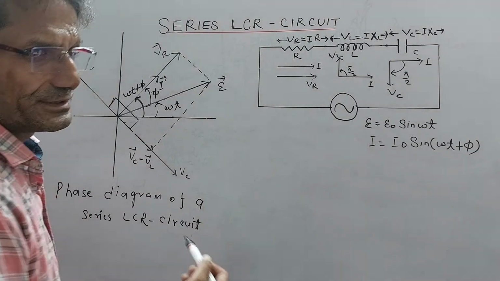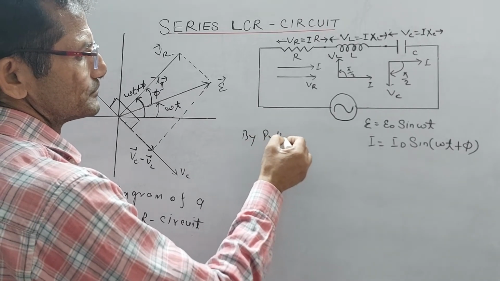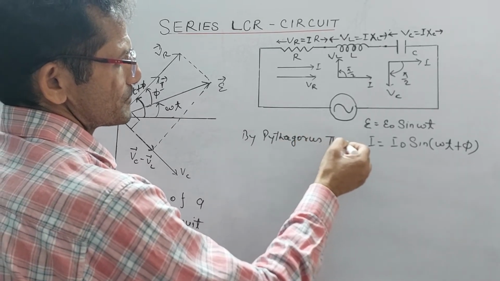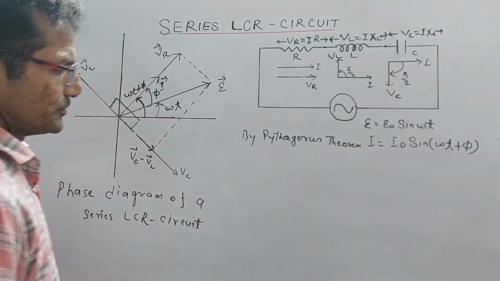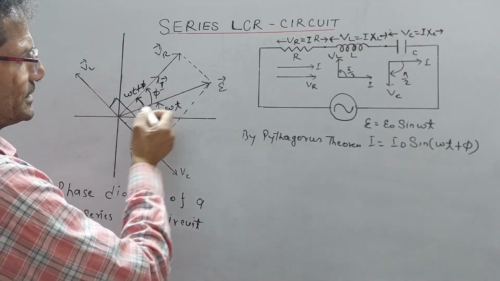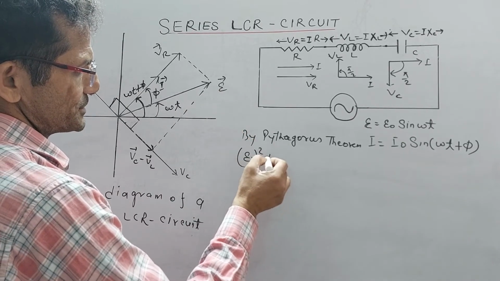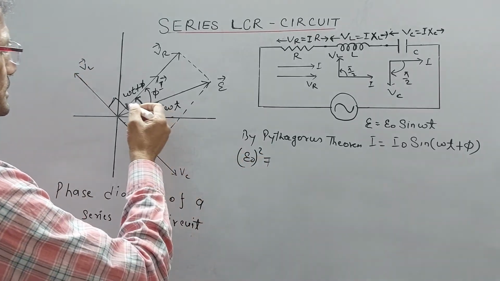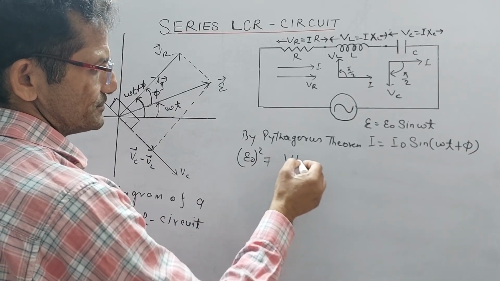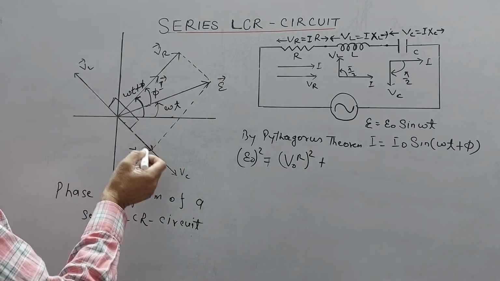Now using Pythagoras theorem, you know that the amplitude, the length of this applied voltage E naught whole square, is equal to the amplitude of this vector, which will be the amplitude across the resistor V naught whole square, plus the amplitude of this vector, which will be the same as that of this one.